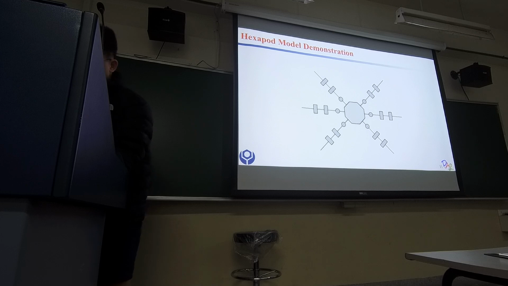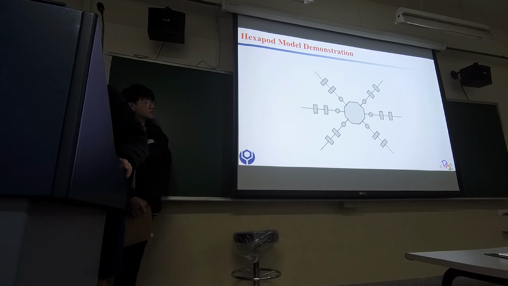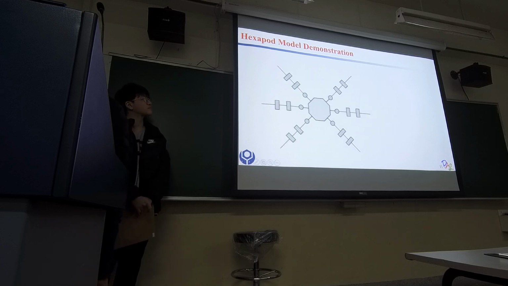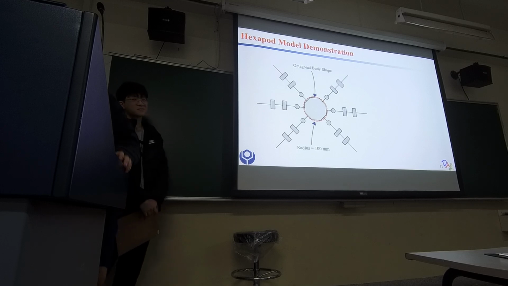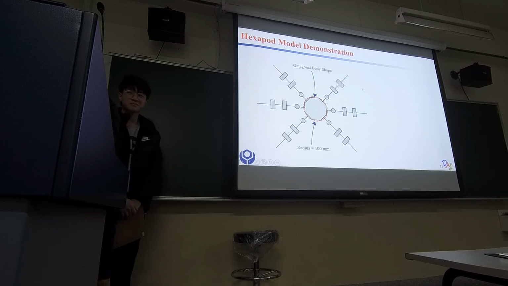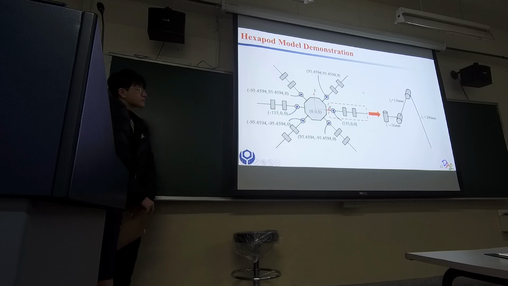Our hexagon body is designed as an octagon with a radius of 100 millimeters, and the distance from the center of the hexagon body to each of the 6 leg joint ones is 135 millimeters.